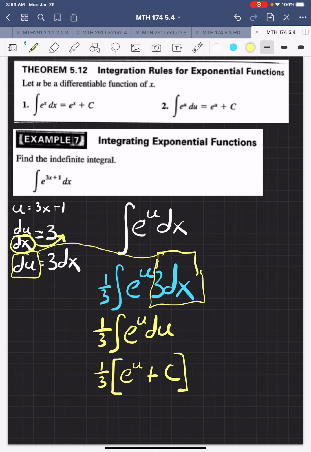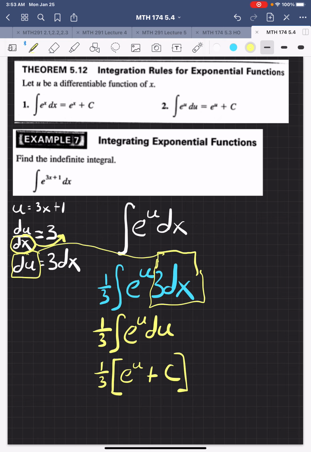Now, typically, we don't distribute that 1/3 to the constant. I mean, you could, it doesn't really matter. So I will go ahead and leave it like that. But when all's said and done, I'm not going to have 1/3 of c. I'm just going to have c.